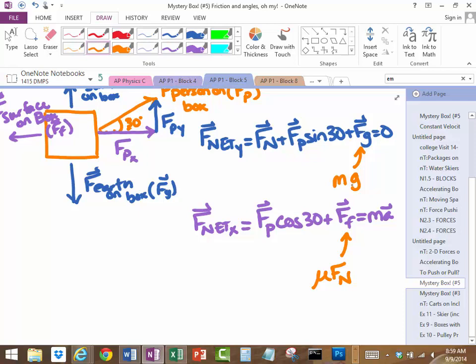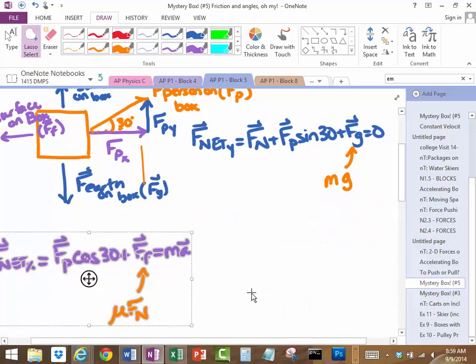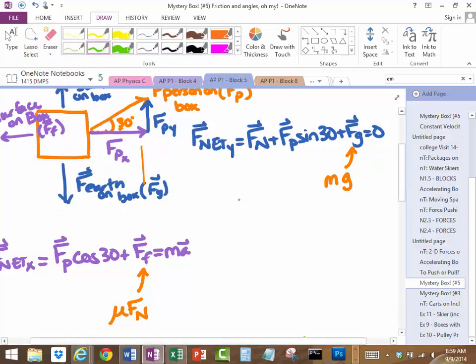So I would probably write F and Fn goes upwards, right? It goes up, so I'm going to add that. And does Fg go up or down? So I'll probably say that's negative Fg, and that's equal to 0.